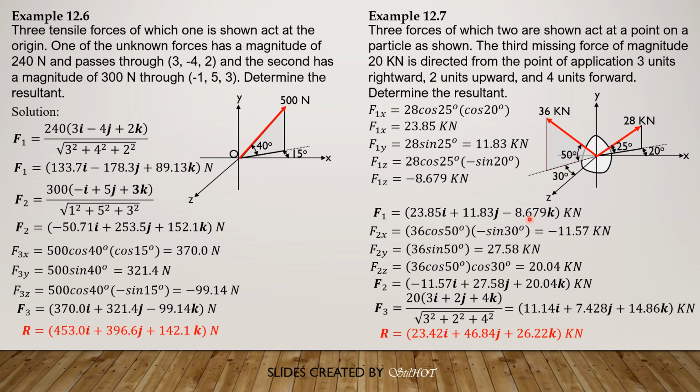If it is required to determine the point of intersection of the resultant with some plane, you apply similar ratios in order to locate the point of intersection with that plane.